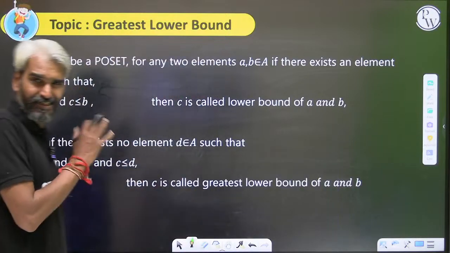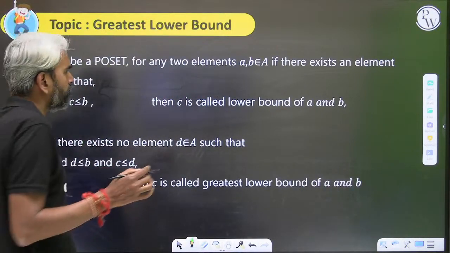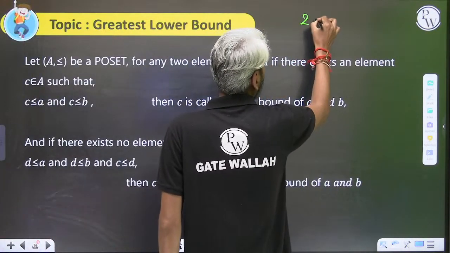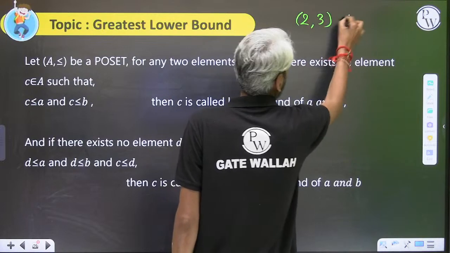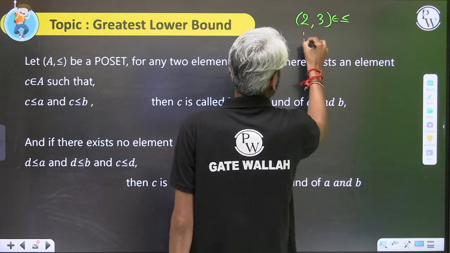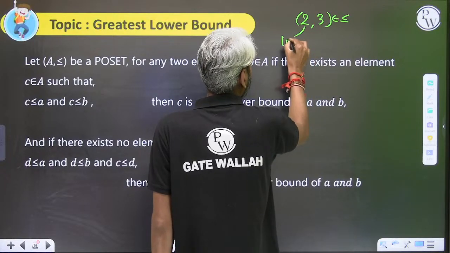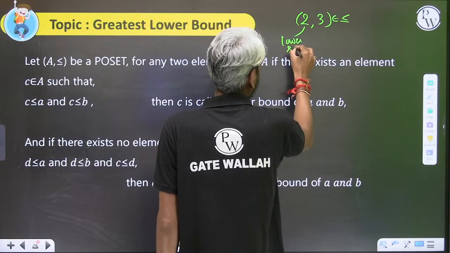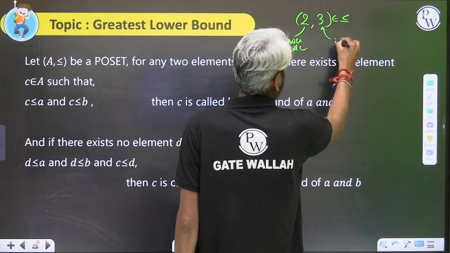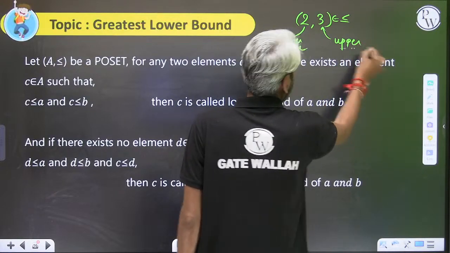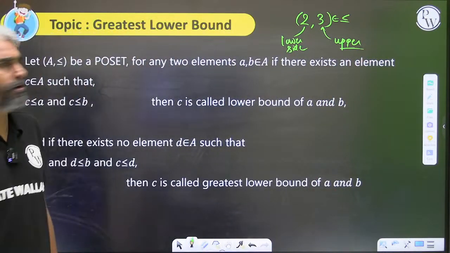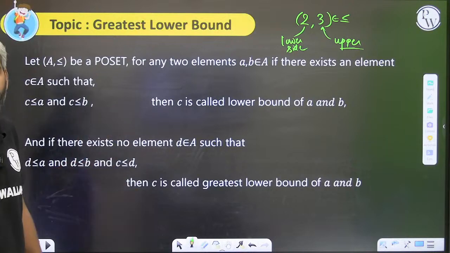It is exactly same as least upper bound. Again, if we say 2, 3 belongs to less than equals to, then this is at the lower side and this is at the upper side. In the previous case, we were looking at the upper bound. This time we are looking at the lower bound.